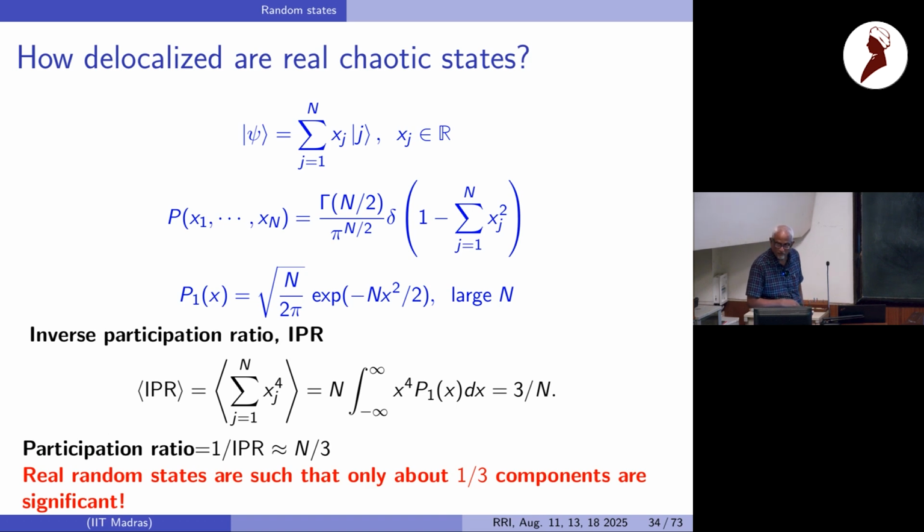So if you calculate this, you'll get 1 by n squared, x power 4, times n. So you'll get 1 by n. And the inverse of that is n. And all of them are occupied. If only one of them is occupied, it's highly localized, there's only one which is 1, everything else is 0, and you'll get this to be 1. So if that convinces you, in the extreme cases, you see that it's exactly the number of levels. Otherwise, it's approximately that.